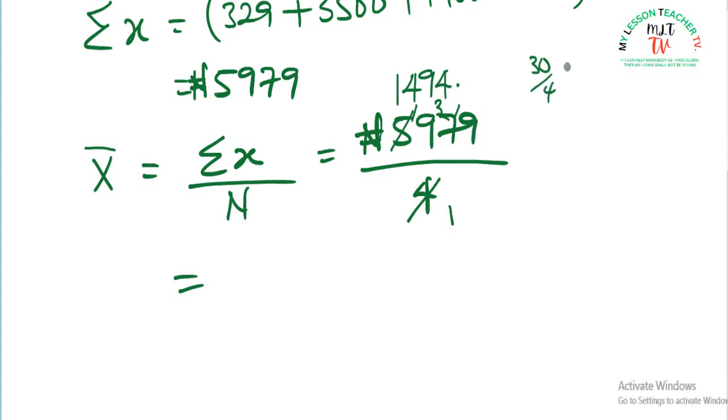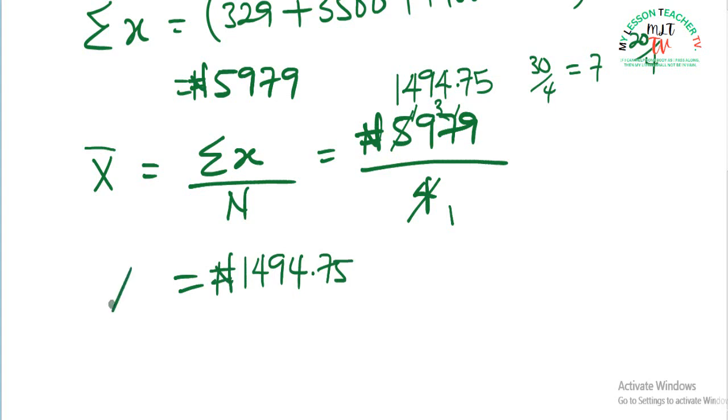This gives us 7, remainder 2, for 7 times 4 is 28. Add 0 to it and divide by 4. This gives us 5. So our answer is 1,494 naira 75 kobo. So our mean is 1,494 naira 75 kobo.